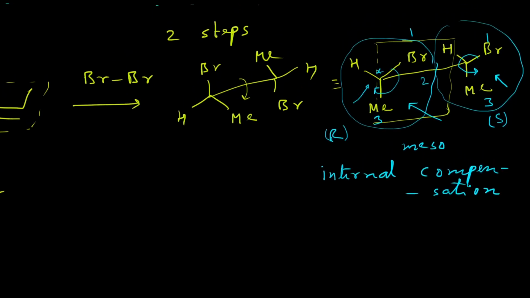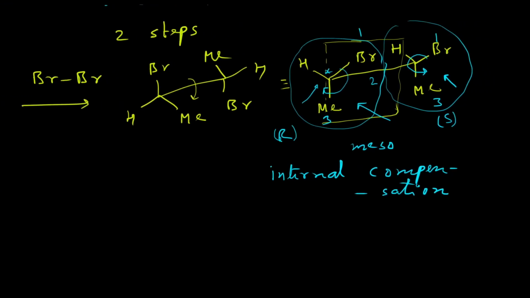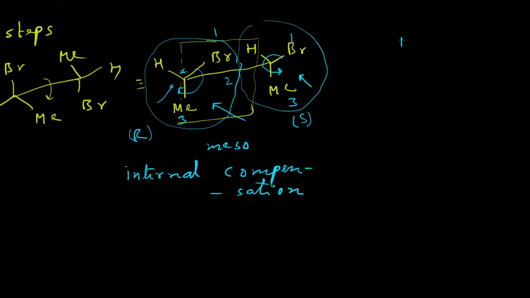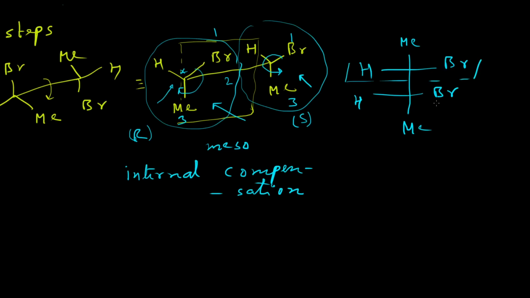Okay, so if we draw the structure in Fischer projection, this will be the structure. Here you can see that this is the sigma plane, and these two halves are mirror images to each other.